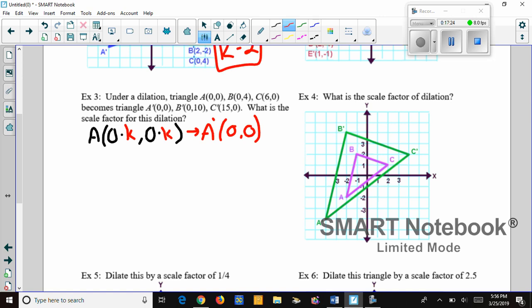Now, unfortunately, A doesn't help us because it's 0, 0. So let's see if we can't figure this out for B, which is at 0, 10. I want to figure out what their K is.